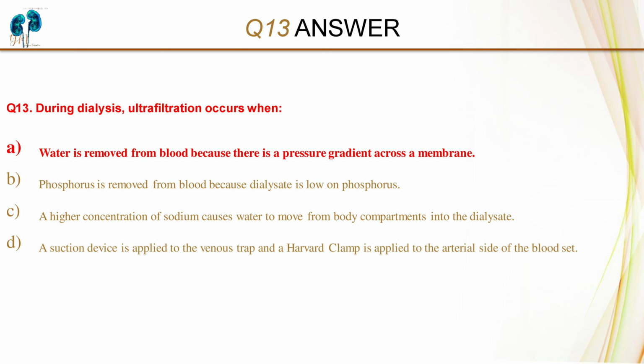This is also a direct question. By the definition of ultrafiltration, it occurs when water is removed from blood because there is a pressure gradient across the membrane. Phosphorus and sodium are handled by diffusion, not by ultrafiltration.